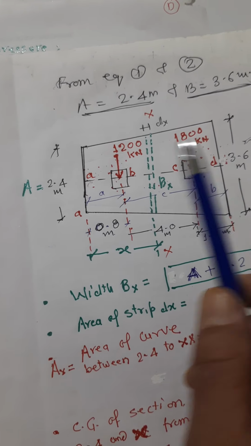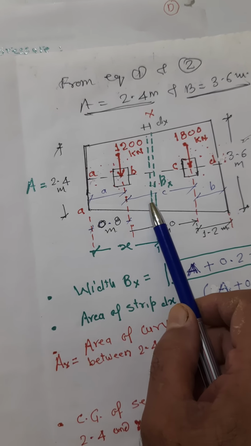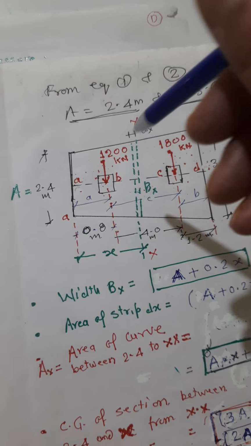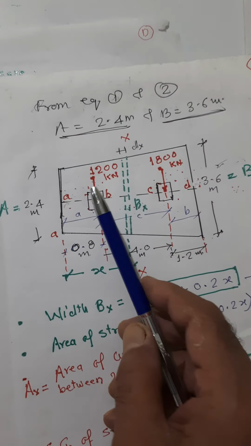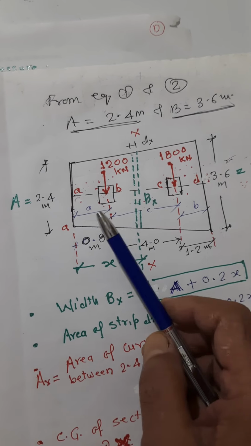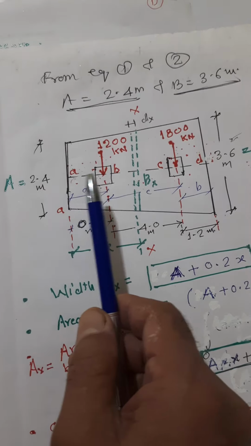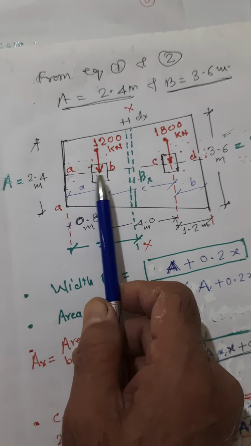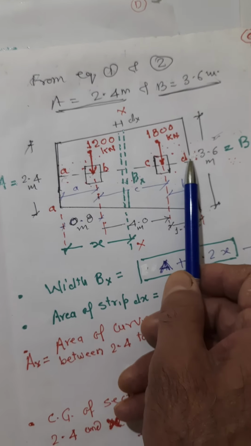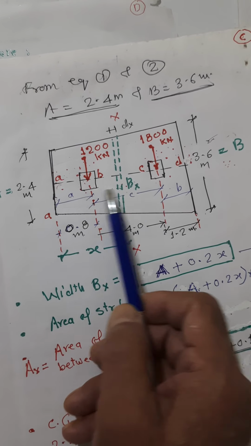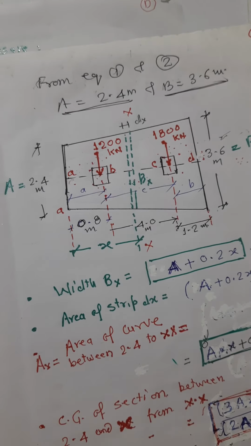So we'll have to find out that value of x where the shear force changes sign, where upward pressure minus downward pressure must be equal to 0. So we'll have to find out the shear force right from here, here, here, here, as well as at that point where the shear force changes sign from positive to negative.